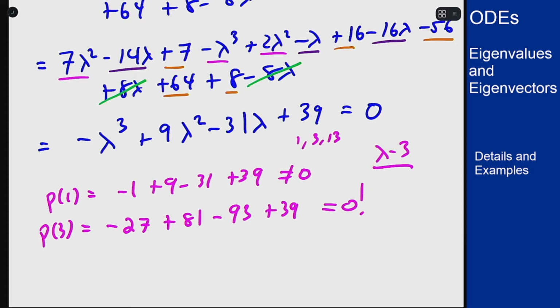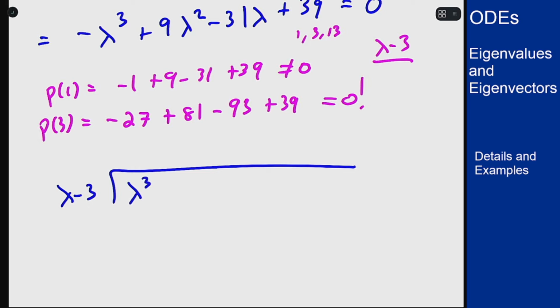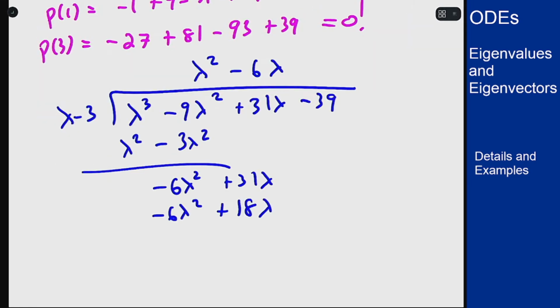So to get the rest of the polynomial, we have to divide this by lambda minus 3. I'm going to switch the sign on everything to make it look a little nicer writing this out, but you can leave the minus sign and that'll work out fine as well. So doing good old synthetic division here, figuring out what goes into the highest term as well as possible, plugging it in, simplifying down and canceling.